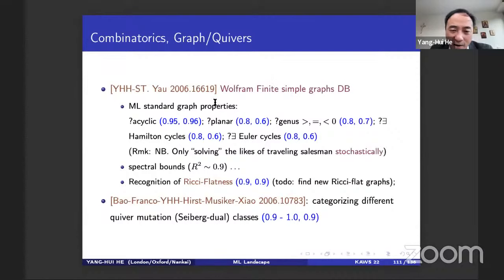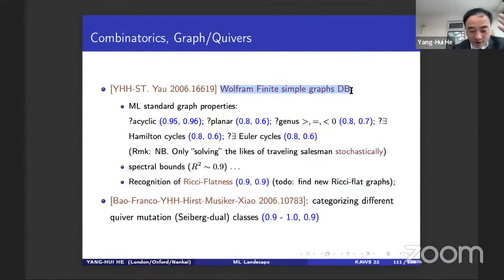But as we were playing around, I said, well, why don't we try to search through these things with a machine learning algorithm? So, again, wonderfully, such data is given. In fact, the Wolfram database of finite graphs consists of, I think, something like 10,000 finite graphs. Certainly all the most famous ones are in there.